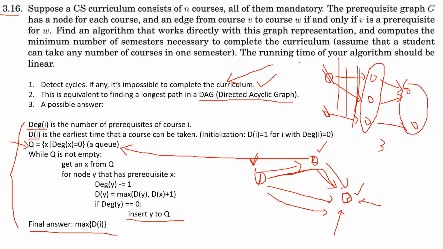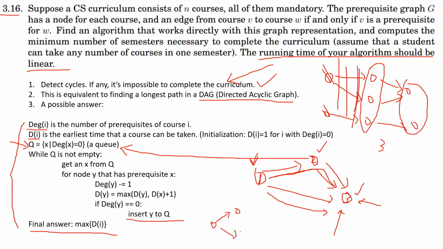And what you need to do is to make sure the running time is linear. This is the most important part. As I said, there's many ways to do it. So, for example, you can't check every node each iteration.